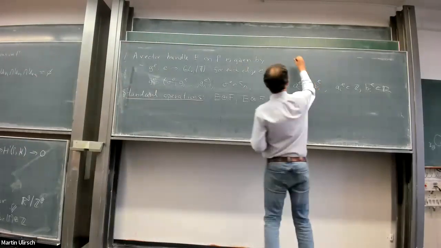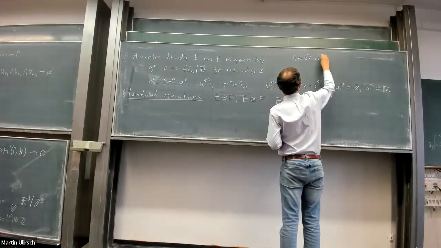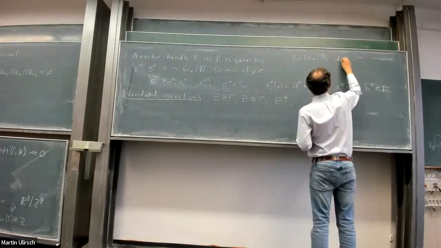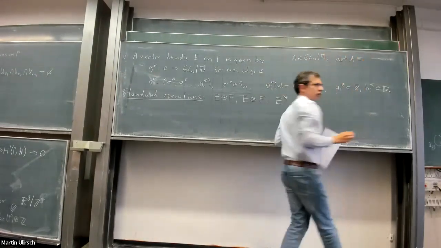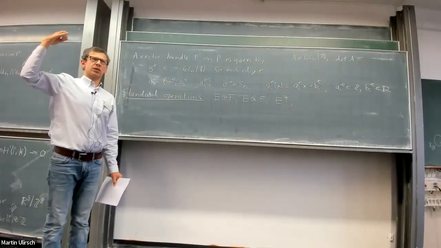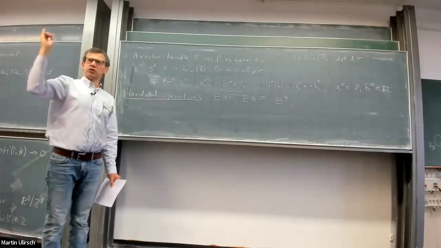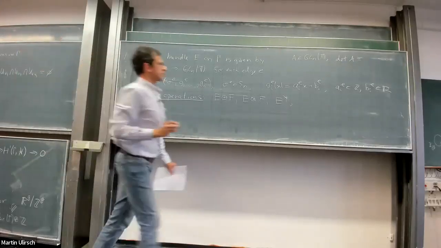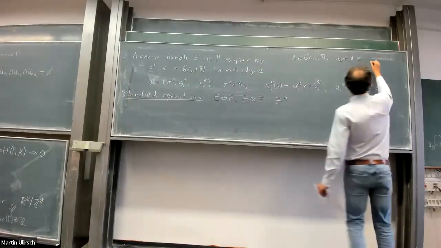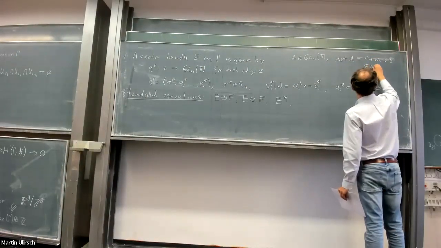If you have a matrix A in GL_n(T), a matrix in GL_n(T) has a unique finite entry in each row and column, and the sum of those entries is the tropical determinant.